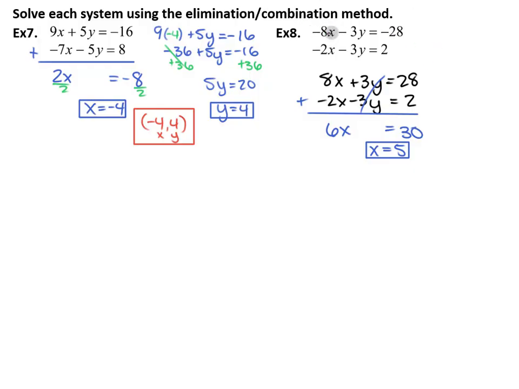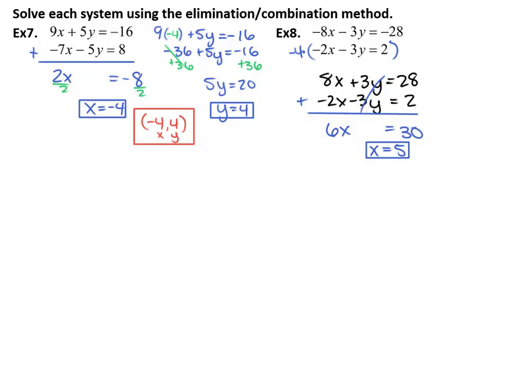Okay, so what if instead of canceling out my y's, I want to set it up so that I can cancel out my x's? Multiples of 2 and multiples of 8 could first meet at 8, actually. So I want one to be positive 8x and one to be negative 8x. Since I already have a negative 8x up top, I would need to multiply the entire second equation by negative 4.